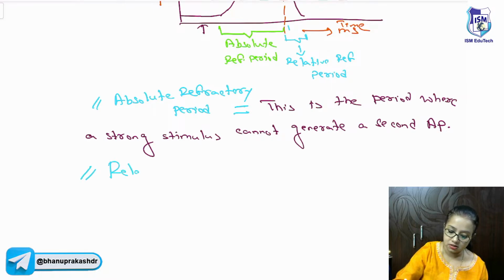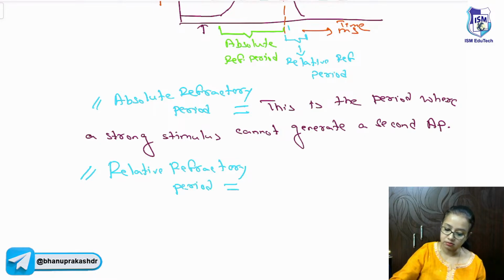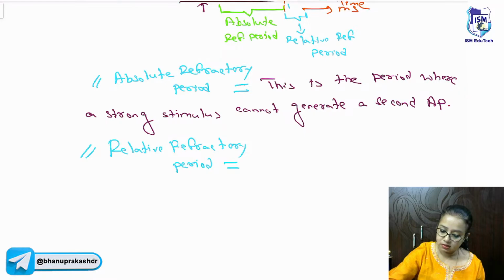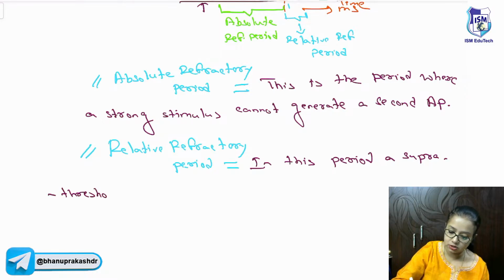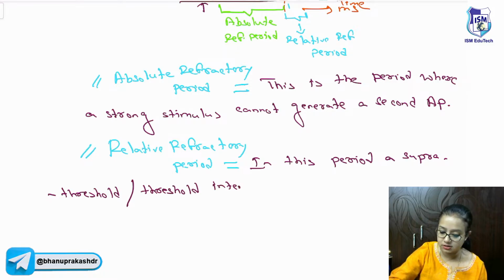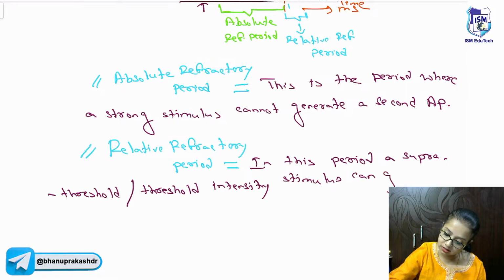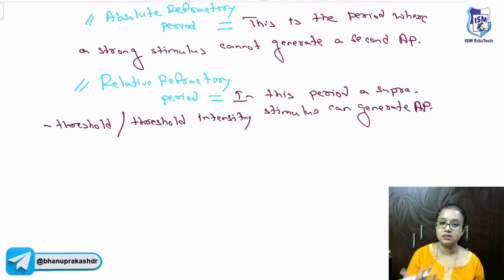Whereas in the relative refractory period, a supra-threshold or threshold intensity stimulus can generate an action potential. Now, what is the significance of it?